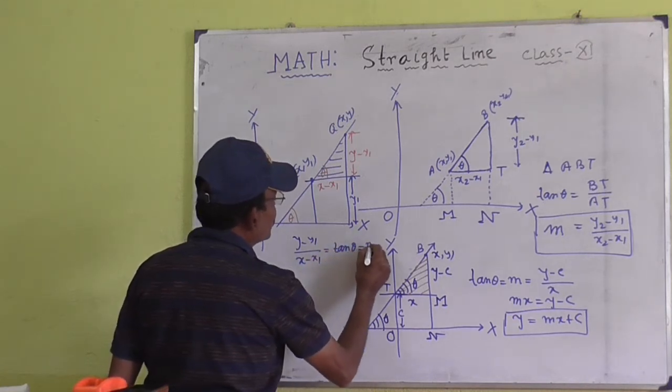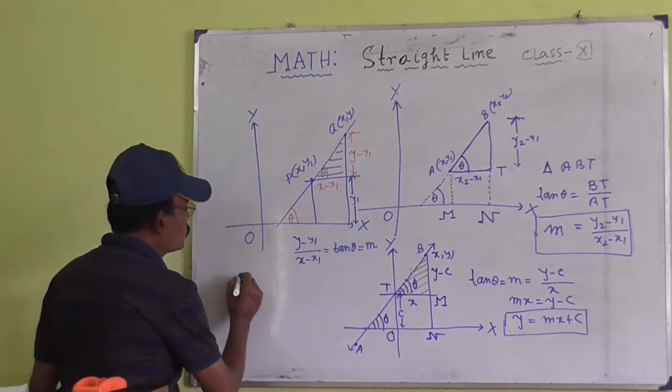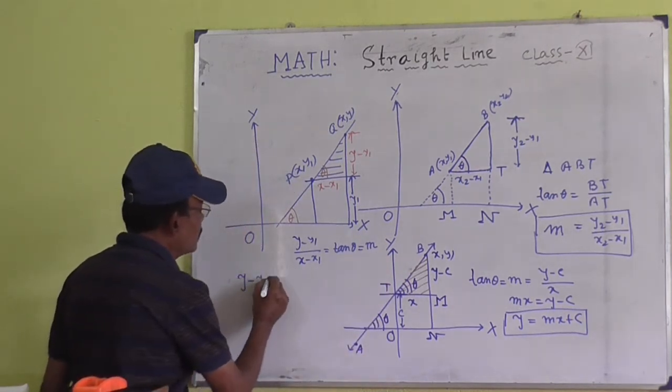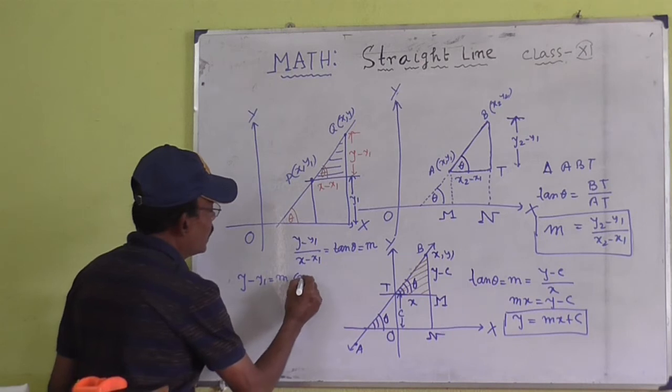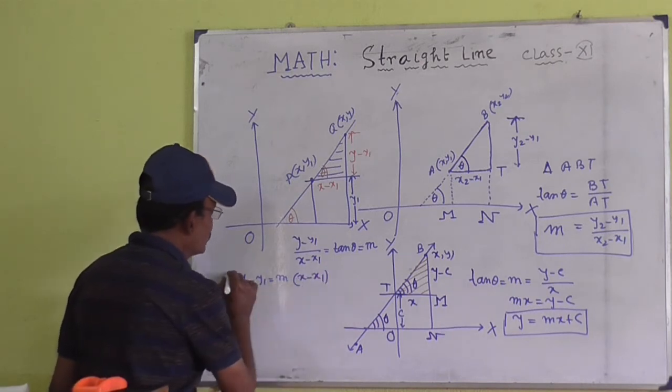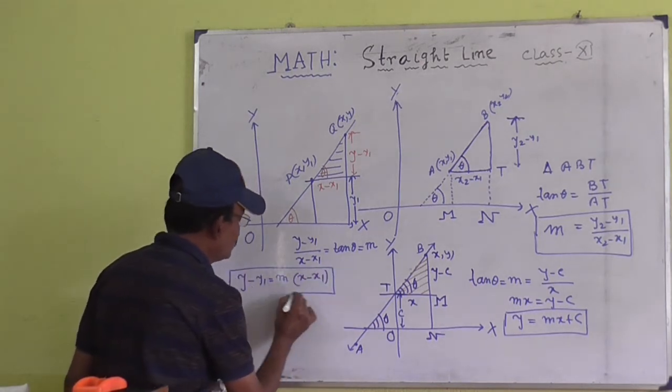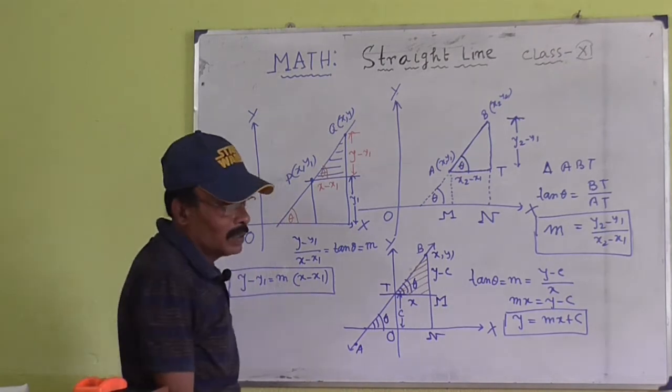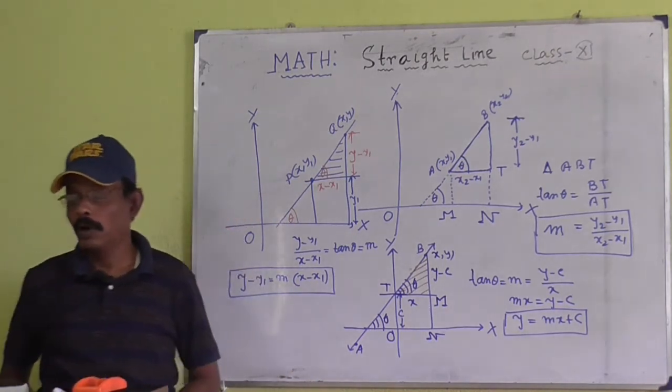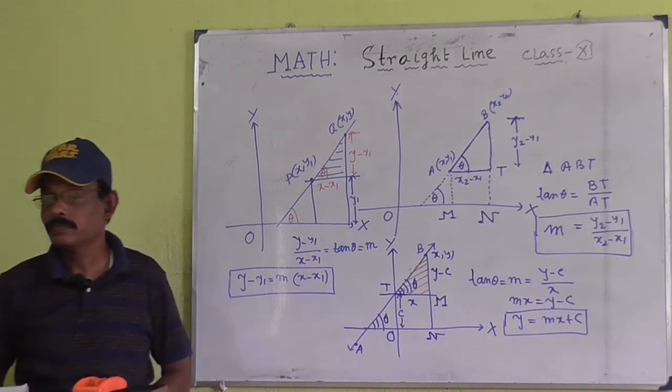Tan theta means m. So the form will be y minus y1 equals m times (x minus x1). Clear? Okay. This is the point slope form.